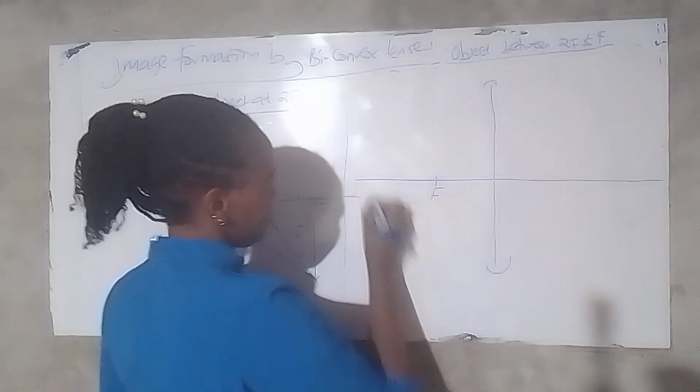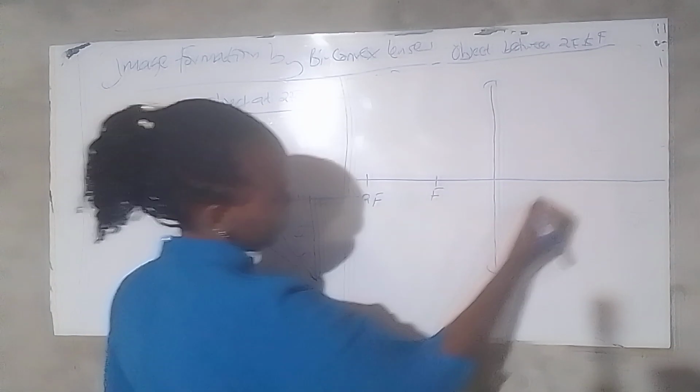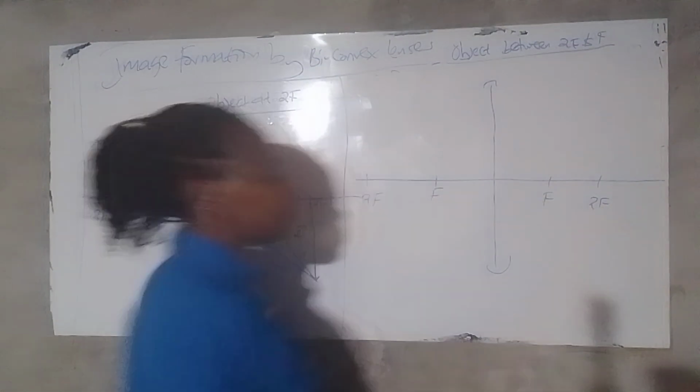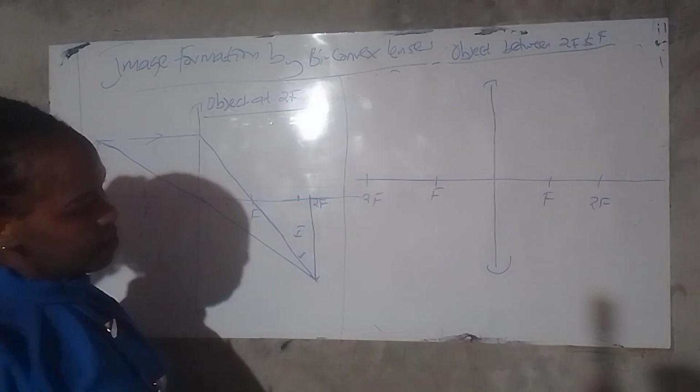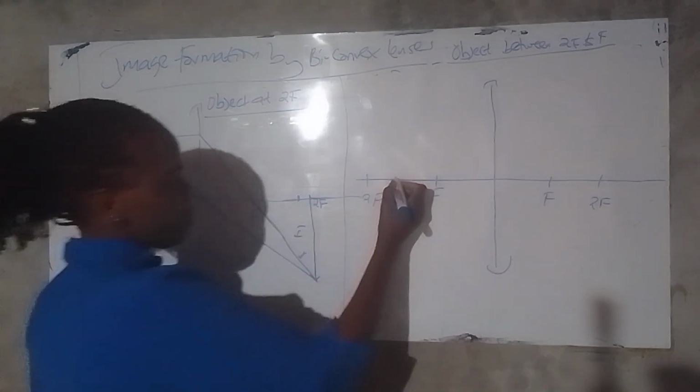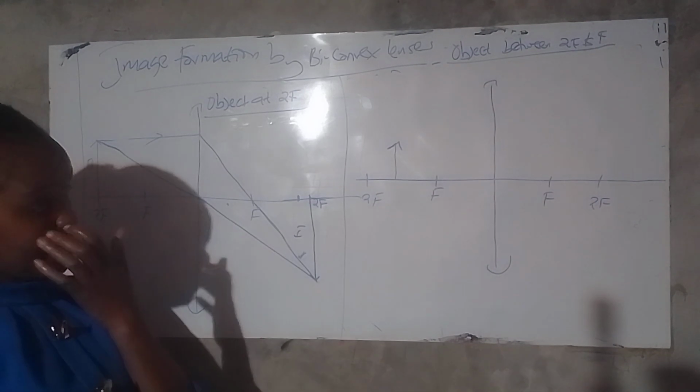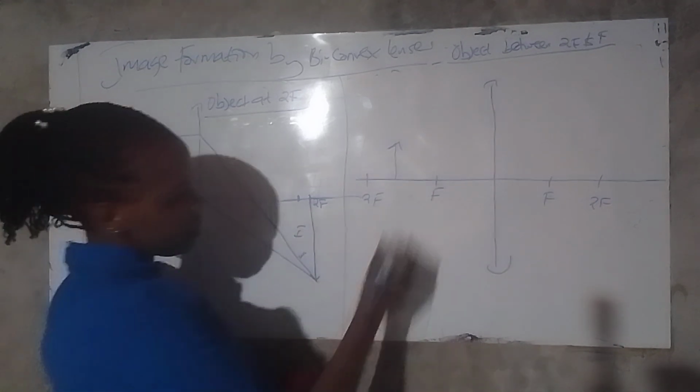This is F. That's 2F. That's F. That's 2F. Okay. I don't know whether space will be enough. It may not fit a very big object. That's our object.